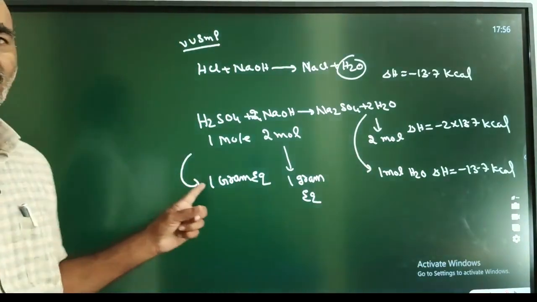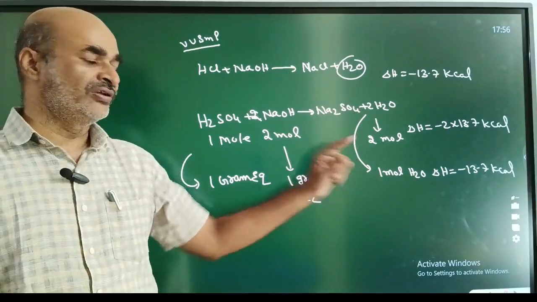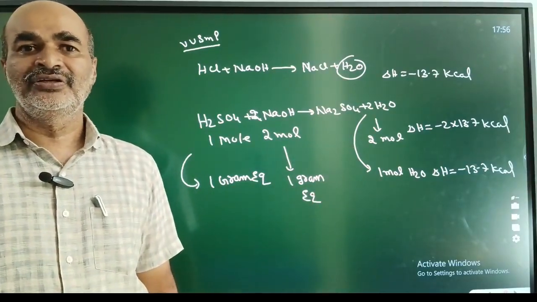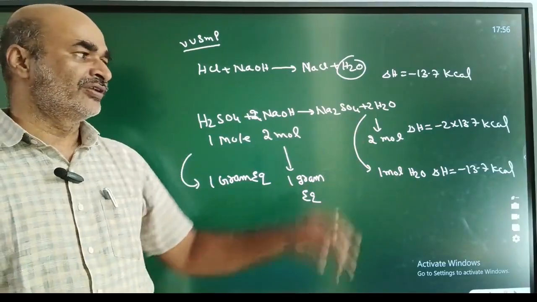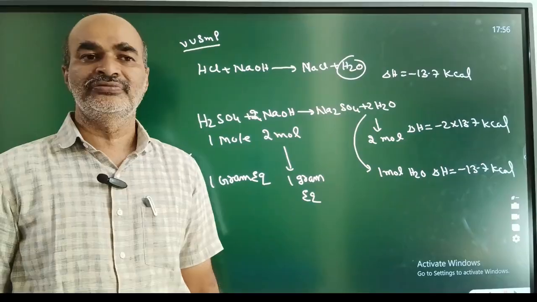If you take 1 gram equivalent of acid and 1 gram equivalent of base, you will get only 1 mole of water. In such a case, the enthalpy of neutralization is equal to minus 13.7 kilocalories per mole.